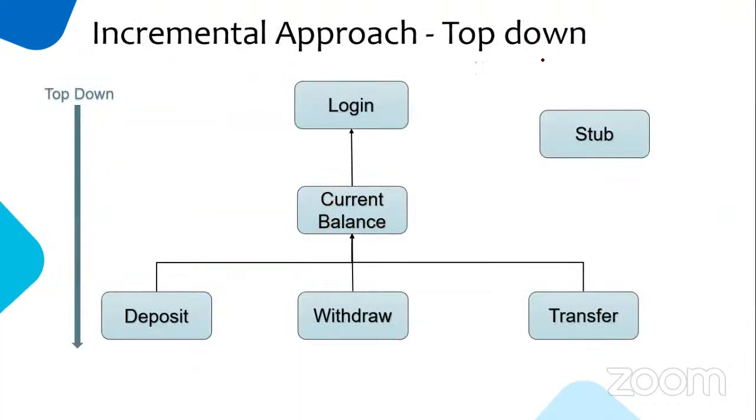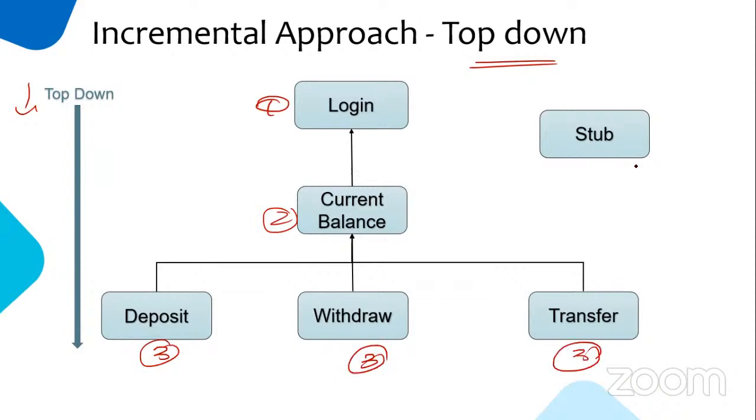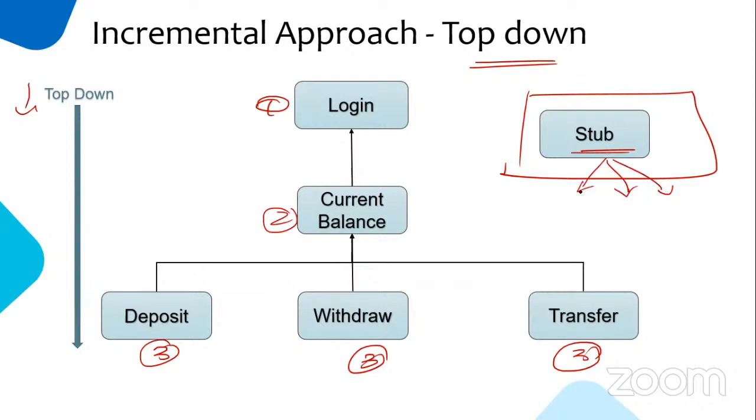That is called top-down. From the top, you are going to test 1, 2, 3. Here we are going to bring a new guy called stub. What is this stub? Right now, this is mostly on the dev side.